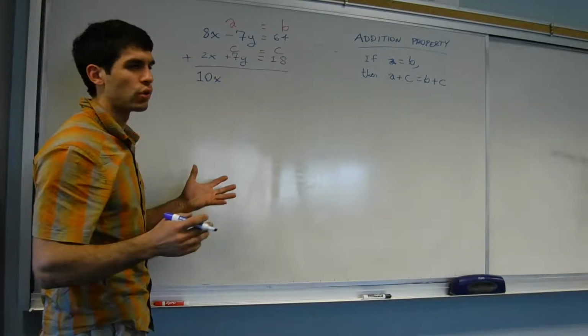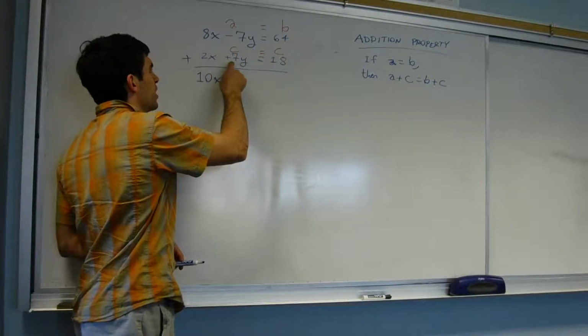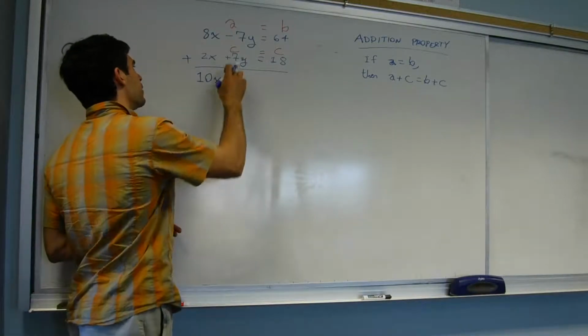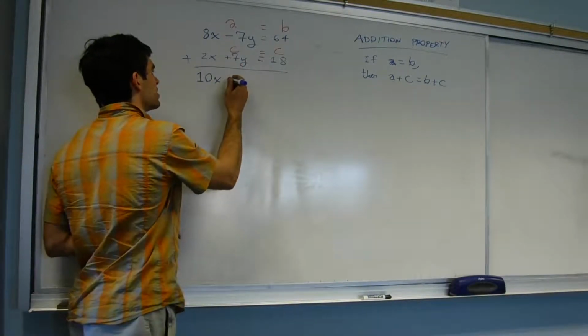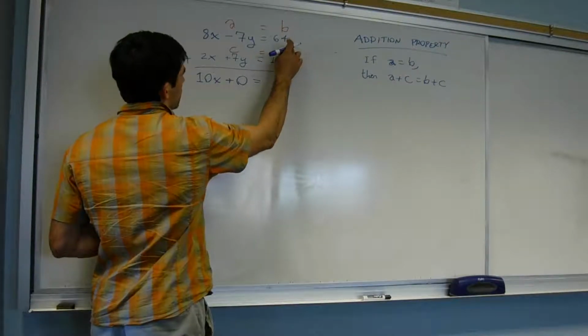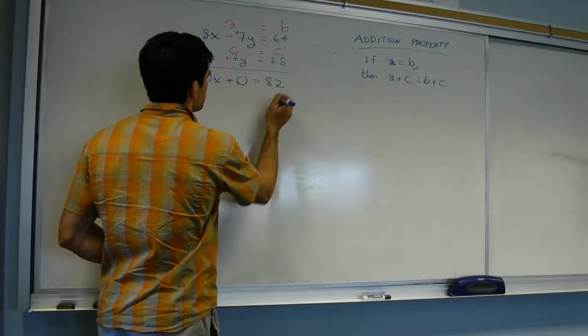And here's where the really cool part happens: we have negative 7y up here and positive 7y over there. So what's negative 7y plus positive 7y? It's 0. It's like magic. And then 64 plus 18 would be 82.